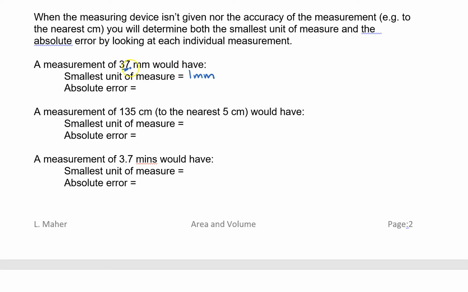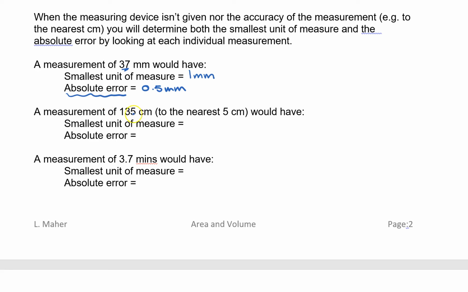The fact that it can be given to 37 and it wasn't given to any decimal places indicates that it's probably just going up by 1 millimeter. And like we said before, that would give us an absolute error of 0.5 millimeters. Now, this absolute error will become important when we're calculating percentage error.